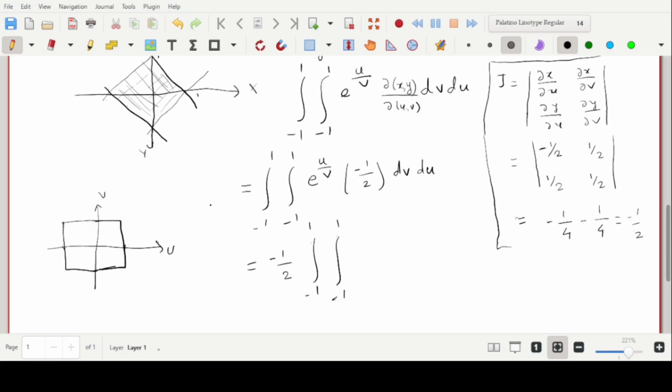I think now it is not very difficult because e to the power u, since we shall be integrating with respect to v first, u should be treated as a constant. So we can write this as u over v.